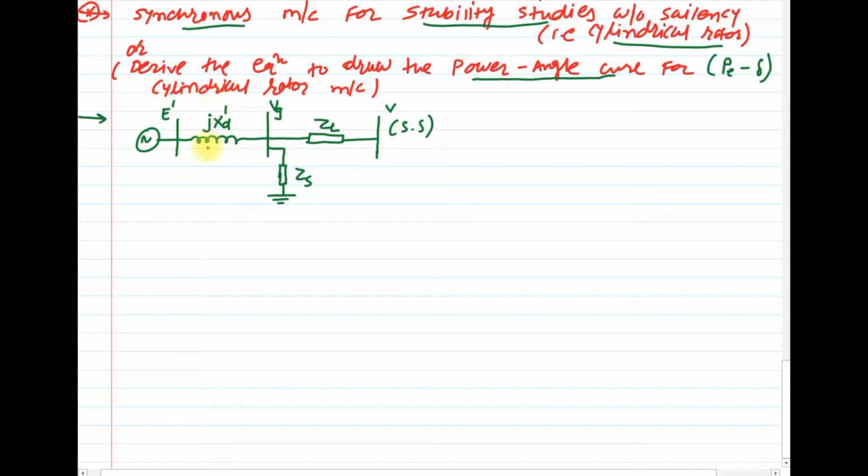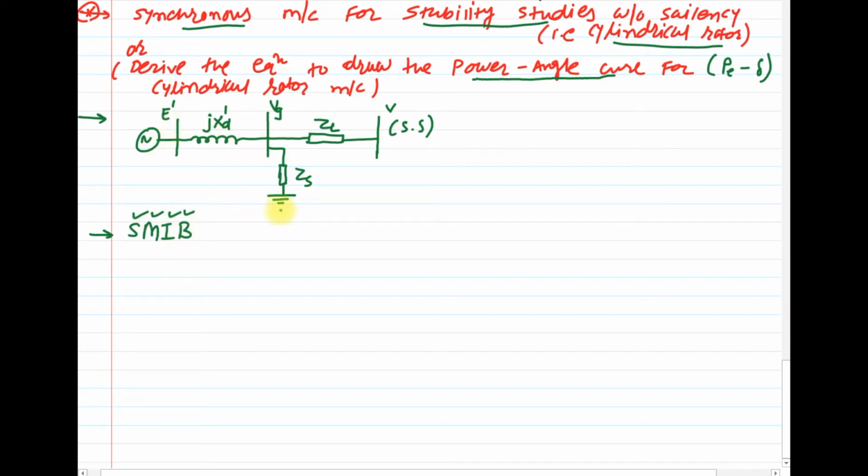For the cylindrical rotor machine, let us consider one system which is very famous for stability studies analysis, known as the SMIB system, that means single machine infinite bus system.